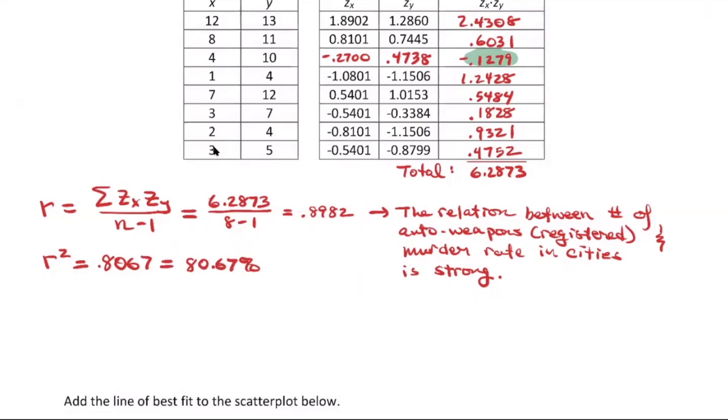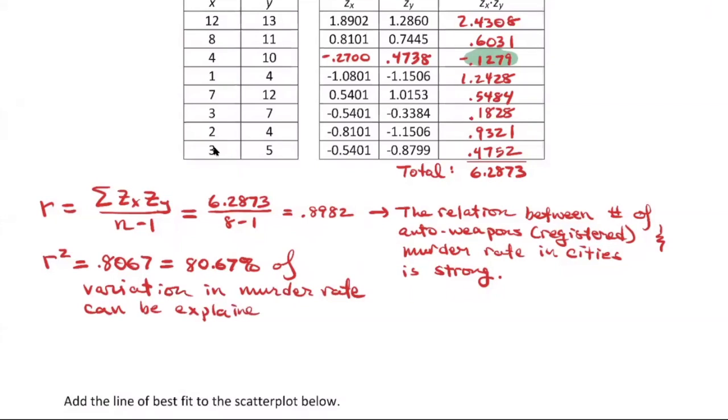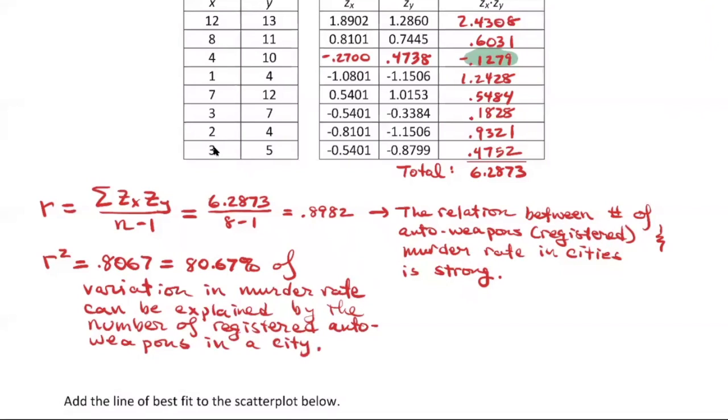So 80.6% of variation in murder rate, the rising and falling of murder rate, you get the idea, in murder rate can be explained by the number of registered automatic weapons in a city. Wow. That's a big deal.